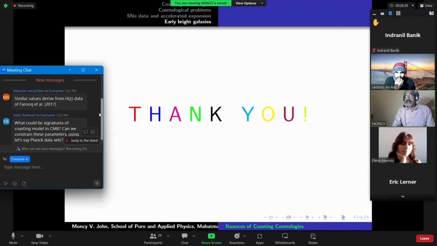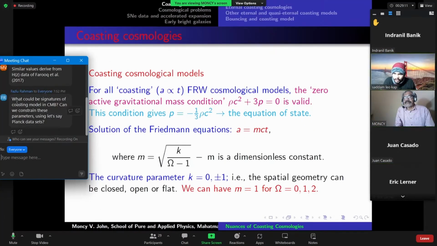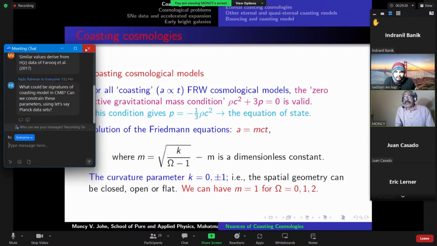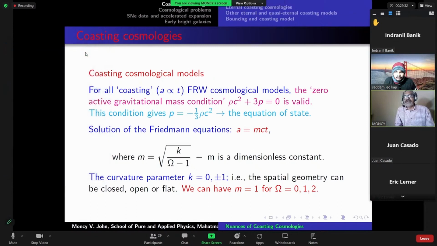On the first slide there was some comment or maybe a question. What could be the signature of the coasting model in the CMB? Can we constrain these parameters using, let's say, the Planck dataset? Actually, the Rh equal to ct model by Melia and collaborators has worked on a lot of cosmological observations, including CMB.